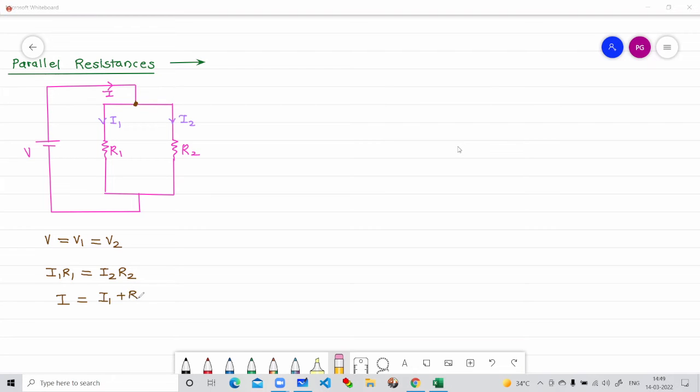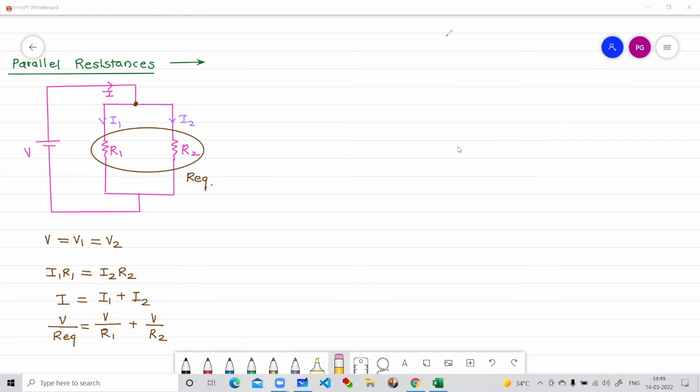Now if I am saying this resistance combination is R equivalent, let me mark it, as R equivalent. Then for I you can say V upon R equivalent. For I1 plus I2 you can say V upon R1 plus V upon R2.